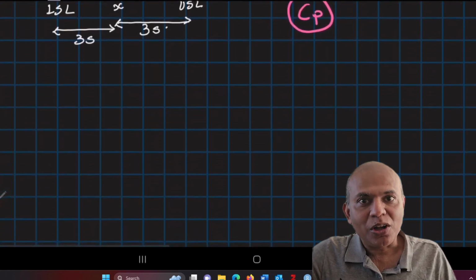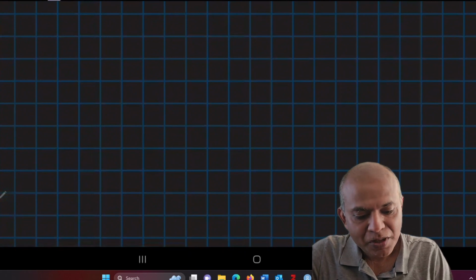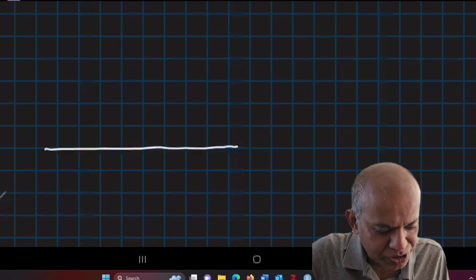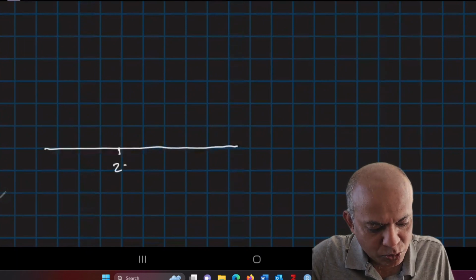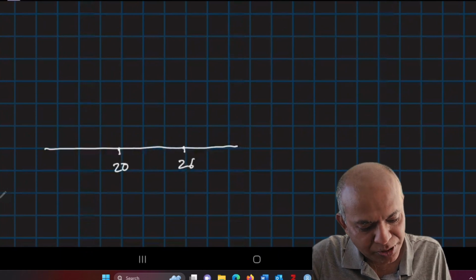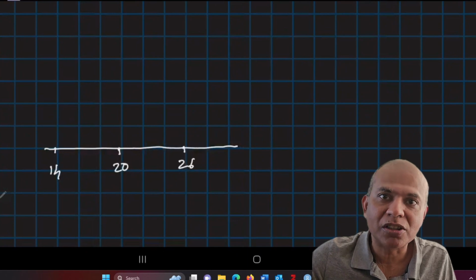Now there is one more concept here, because what happens sometimes is that our curve shifts. So for example, let us take the same situation. Our customer wants 20, the upper specification limit is 26, and the lower specification limit is 14. This is where the customer arrives and we work on this process.